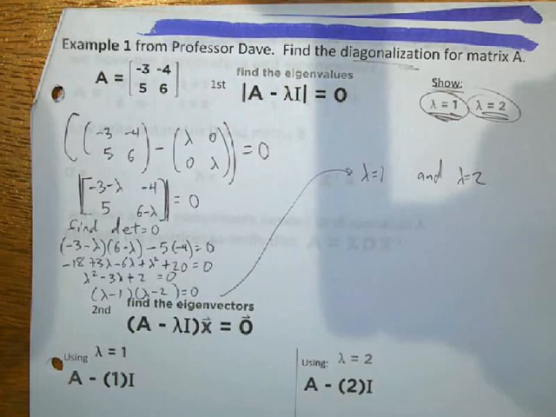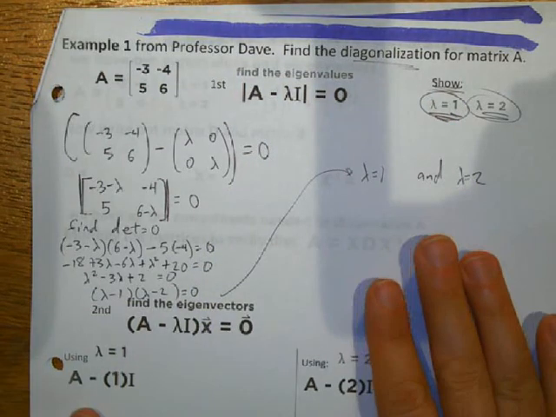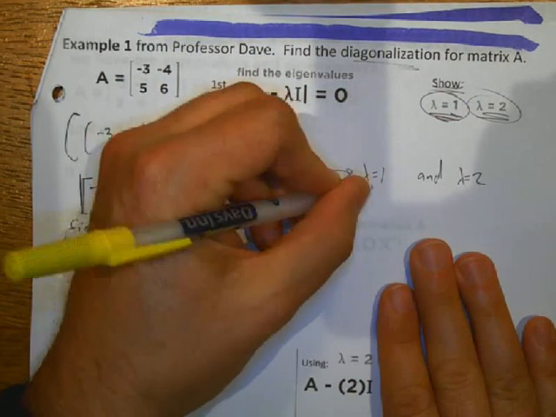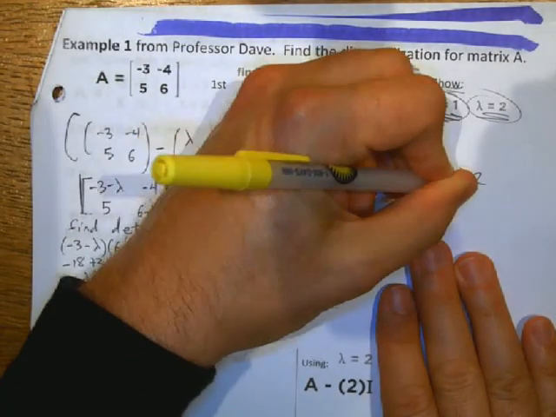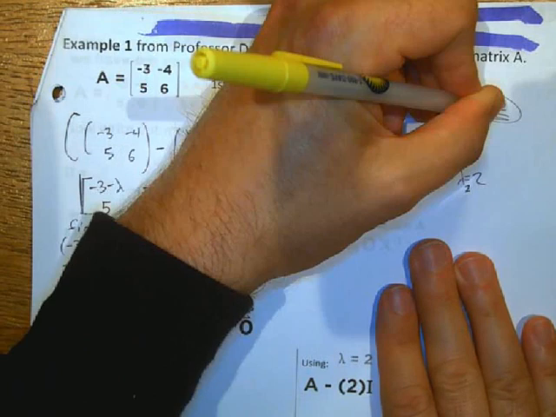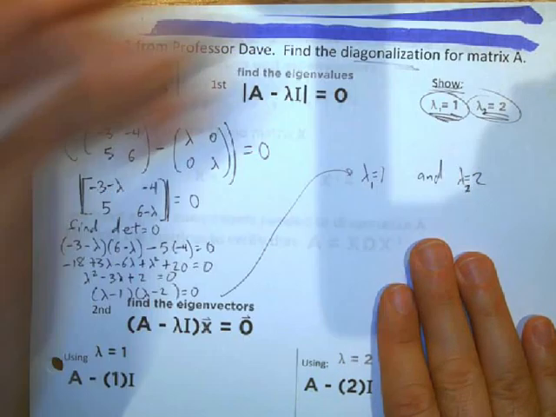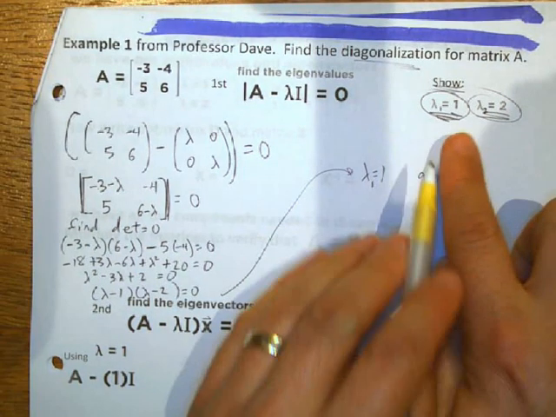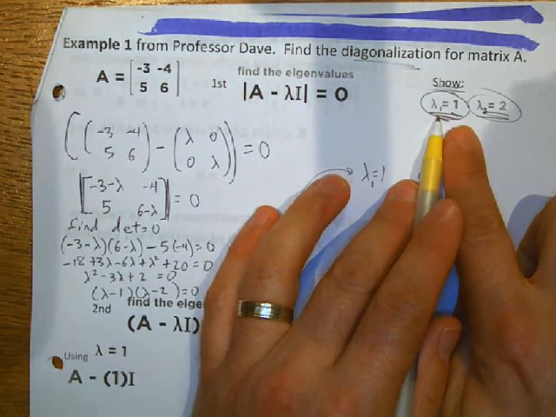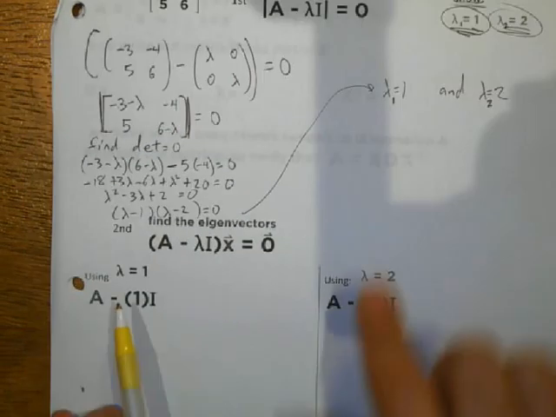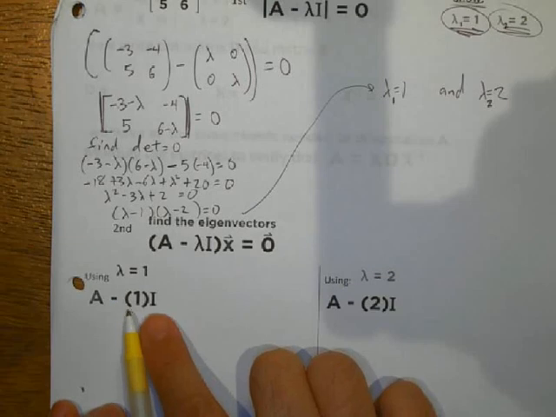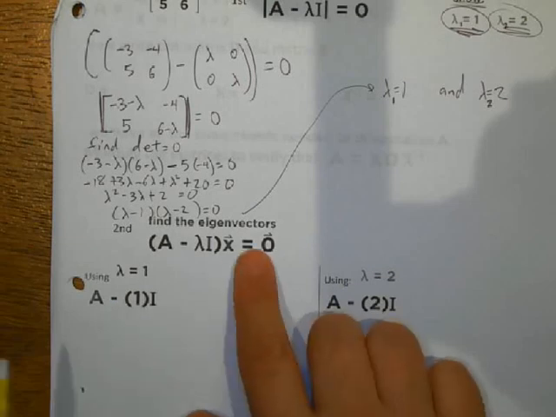Okay, and now I'm going to put a subscript 1 and a subscript 2, because it's going to be important to identify which eigenvalue goes with which eigenvector. So with the eigenvalue of 1, we're going to figure out the eigenvector for that.